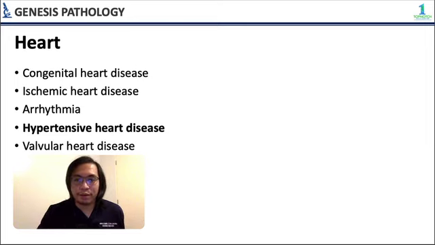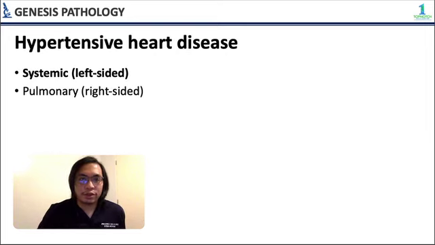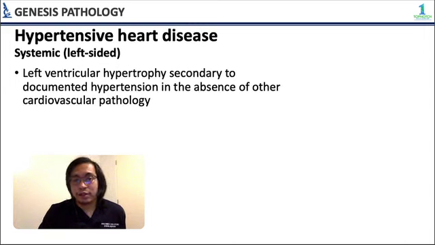Ito na, nag-gym ang puso. So, hypertensive heart disease, it can be systemic, left-sided, or pulmonary, which is right-sided. Actually, napag-usapan na natin to kanina, so let's just reiterate. So, left ventricular hypertrophy secondary to documented hypertension in the absence of other cardiovascular pathology, that's your systemic or left-sided hypertensive heart disease.